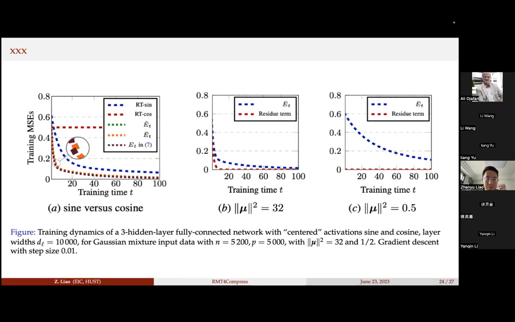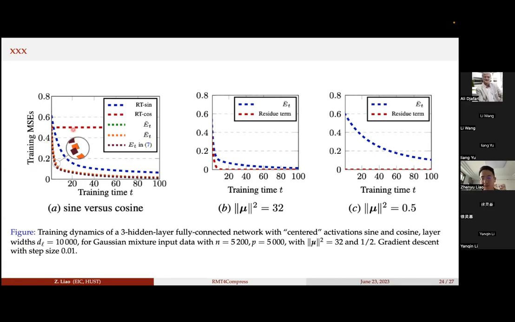Okay, but what is pretty interesting is that our theory predicts that if we use a cosine activation and center it so that it has zero mean with respect to the Gaussian distribution, then it's not going to work well. It's not going to work well in the sense that the training dynamic is a straight line. It's independent of time. It's always a constant.